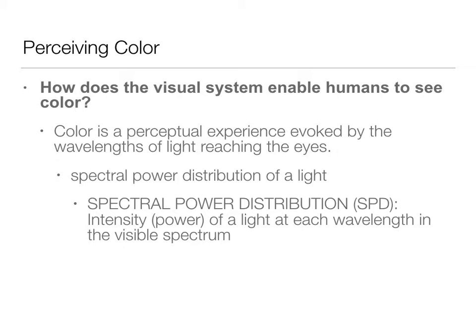So remember when we talked about light way back at the beginning, in Chapter 2, we talked about visible light, and within that was that spectrum of light that we're used to seeing in terms of that rainbow. So this SPD is just basically a graph that allows us to see the intensity of these things.